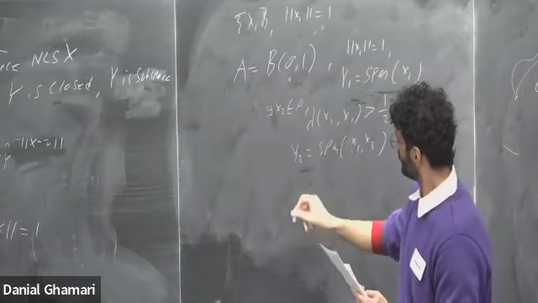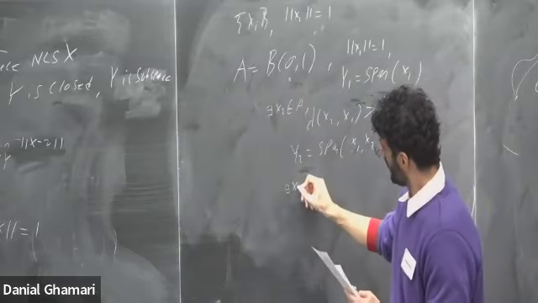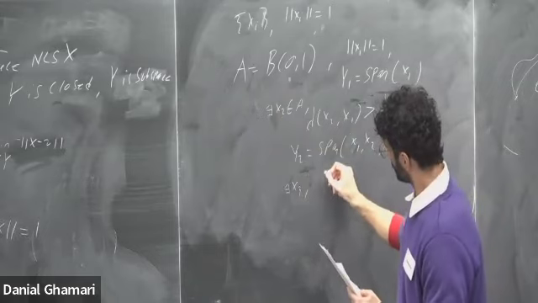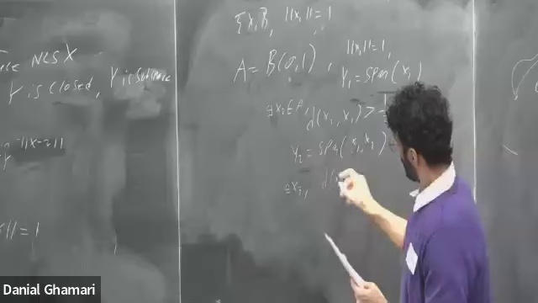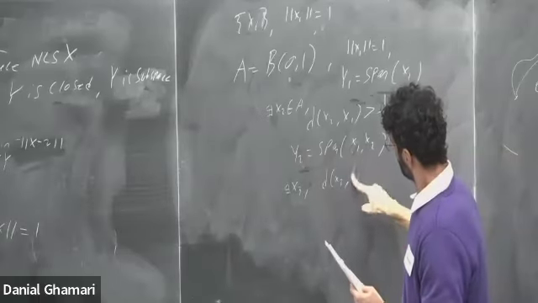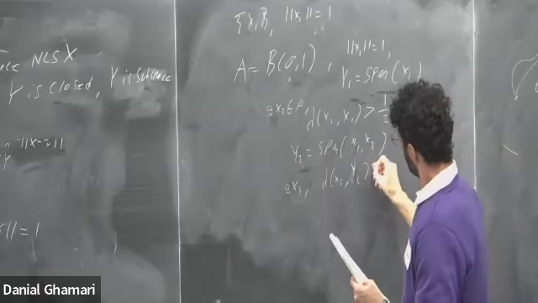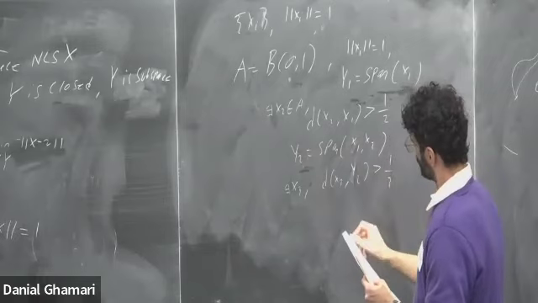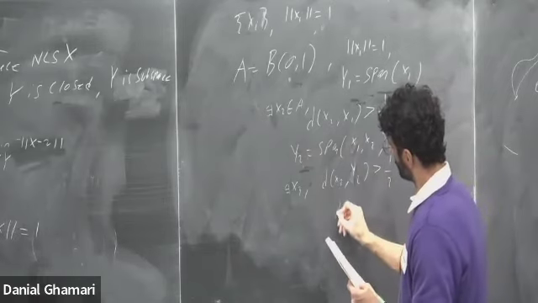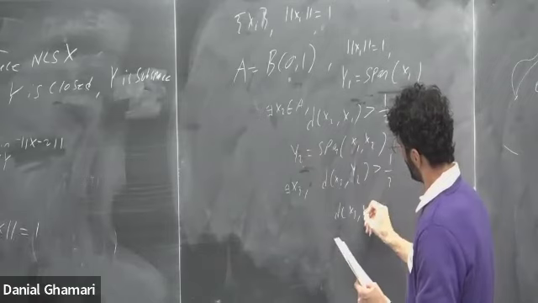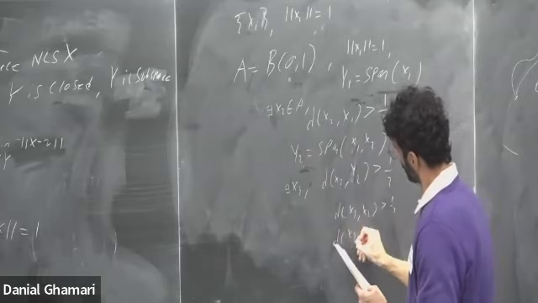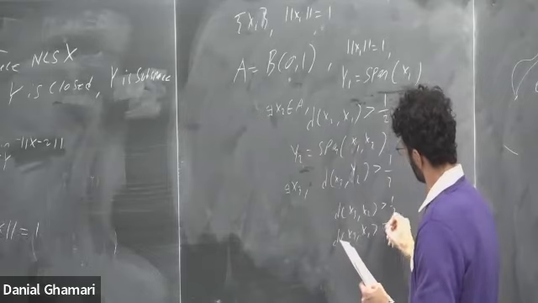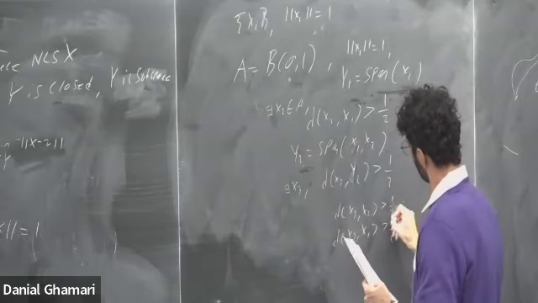And then I can say that there exists an x3 such that the distance of x3 from Y2 is greater than 1/2, which essentially says that the distance between x3 and x2 is greater than 1/2, and the distance between x3 and x1 is greater than 1/2.